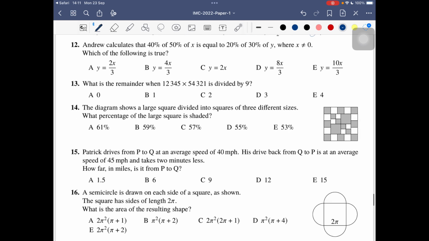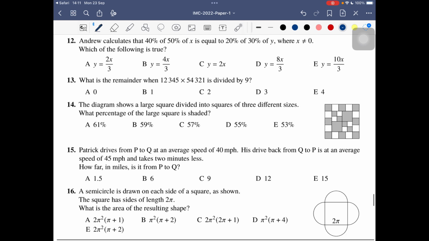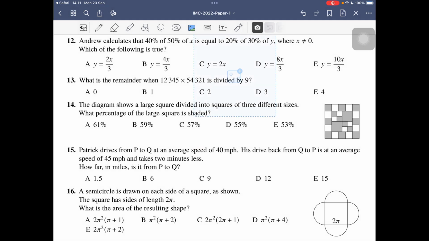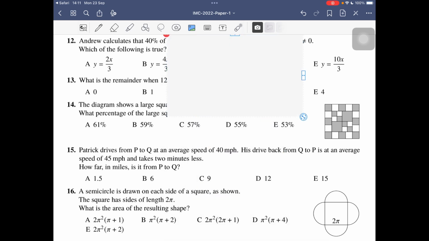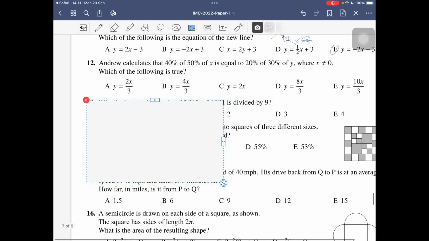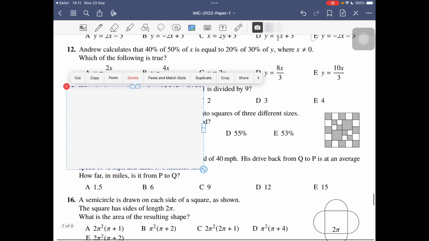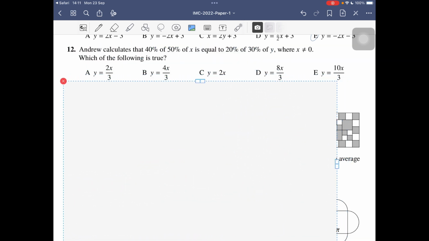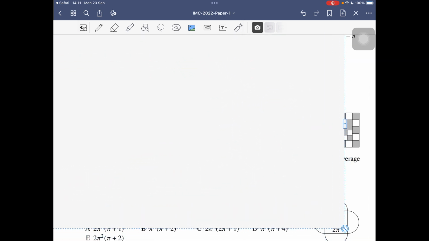Andrew calculates 40% of 50% of x, which is equal to 20% of 30% of y.